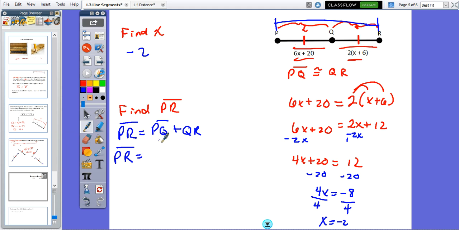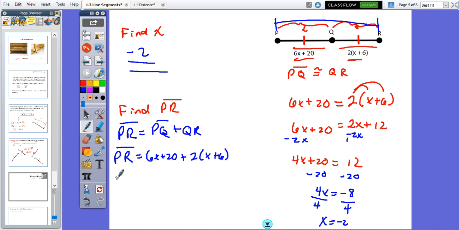So we're going to substitute this PQ with 6x plus 20, and we're going to substitute the value of QR with 2 parentheses x plus 6. There's going to be a lot of substitution throughout this homework, so make sure you are doing that so you can get everything straight. Now earlier we found that x equals negative 2, so we're going to plug those in here instead of the x.